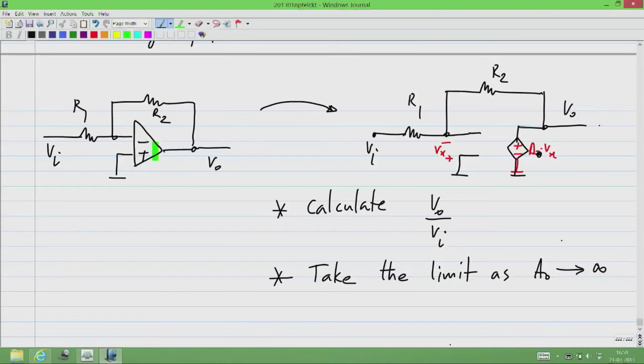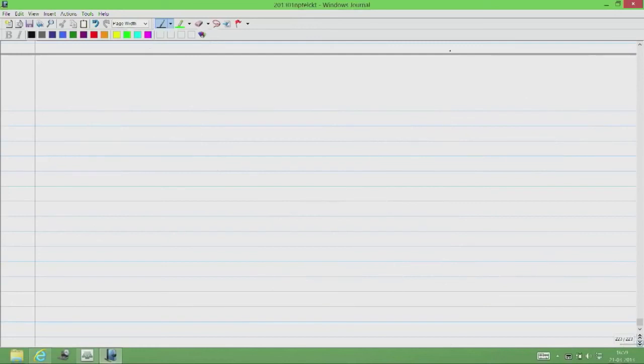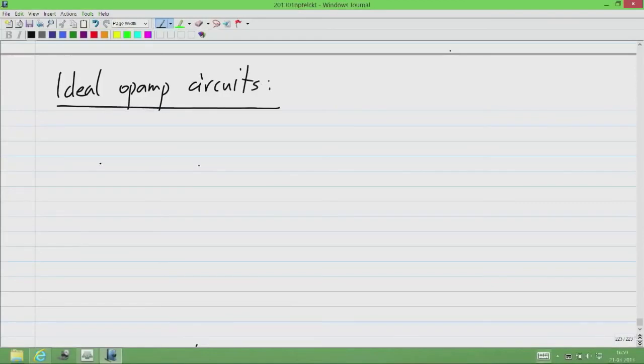Now I said that basically the rules for analyzing the ideal op amp circuits can be written down. First of all, what is an ideal op amp? This is an op amp. It's a voltage controlled voltage source with a gain A naught.